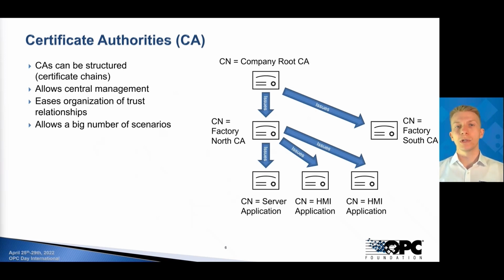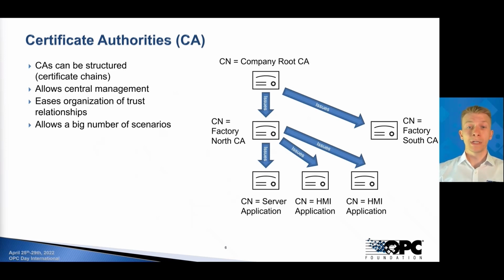You can have a root CA, as we have here in the example, intermediate CAs for better organization, and then the so-called leaf certificates, which are not CAs but certificates for the individual applications. So we can now create some structure.